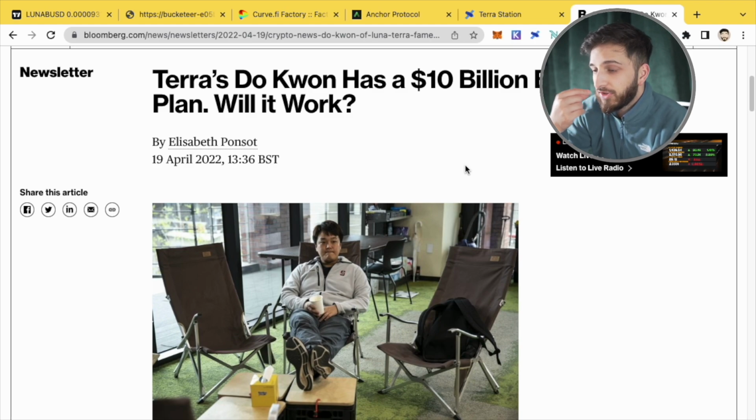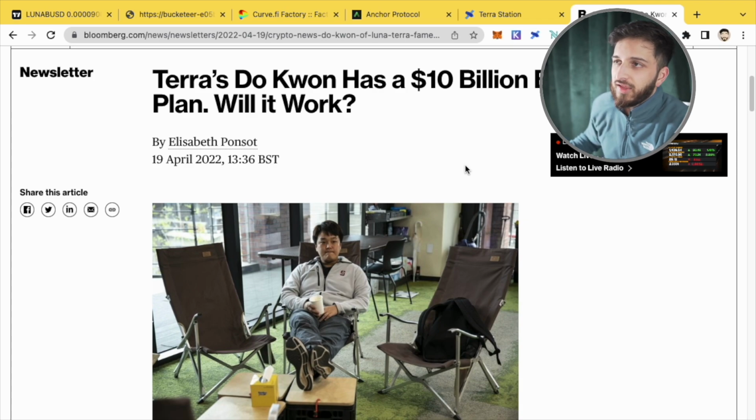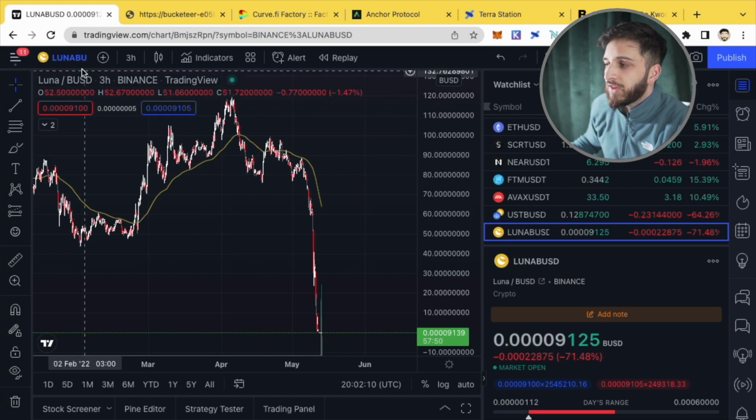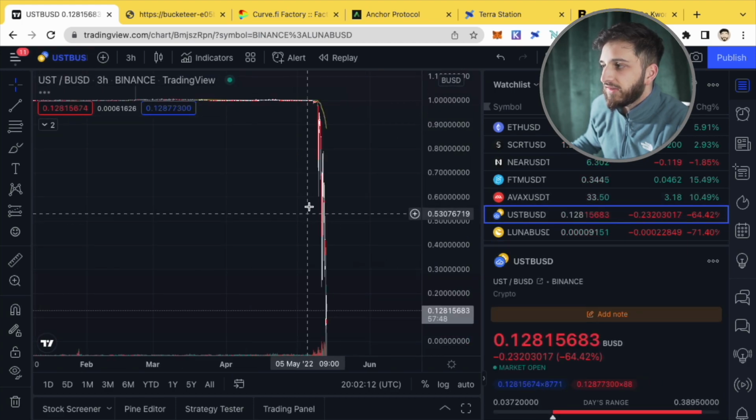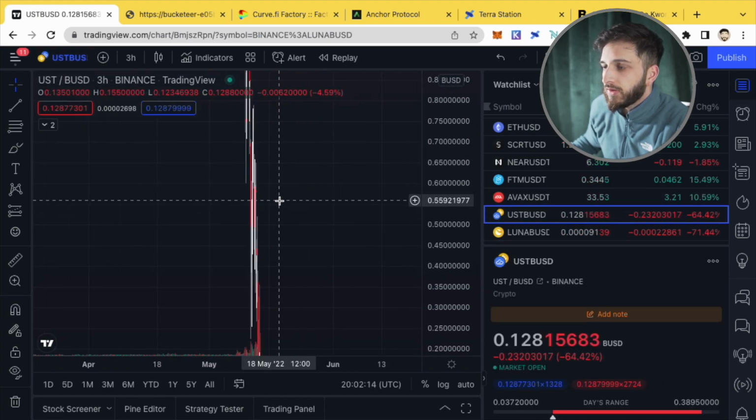Now, we don't exactly know what's happened, but I think that they used the entire Bitcoin reserve and it just didn't have any left.